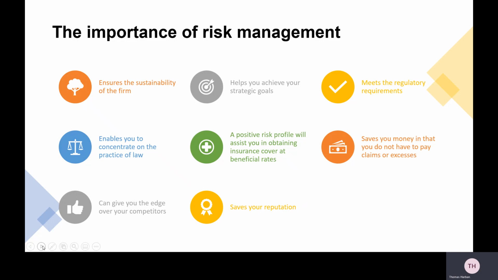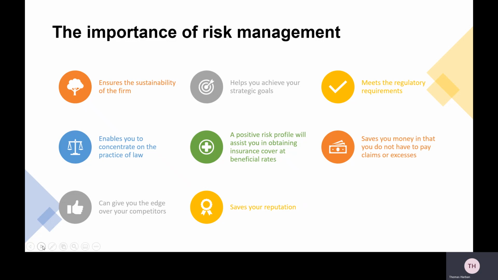A positive risk profile will also assist you in obtaining insurance cover at beneficial rates. Remember that in the commercial market, insurance companies do a risk assessment on you, and then they use that to decide firstly whether or not they accept your risk, that is your business, and then secondly, if they do accept your business, they also use that to decide what the terms are on which you will be indemnified.